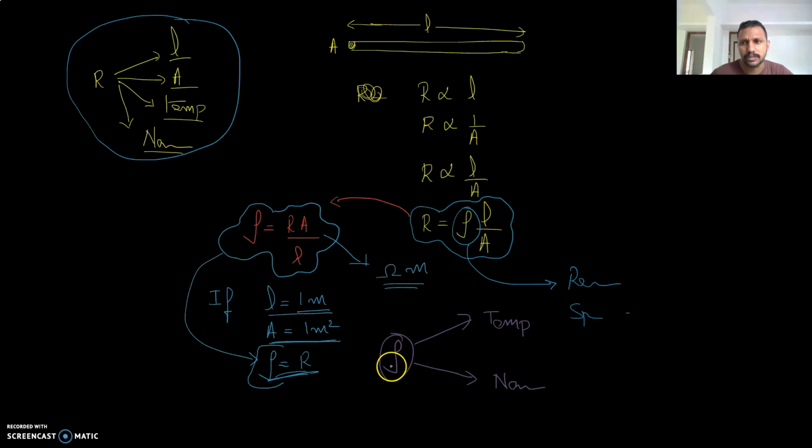Specific resistance or resistivity will depend on two factors, temperature and nature of material. It will not depend on the length of the conductor and the area of cross section of the conductor. That means if we have a lengthy copper wire and a thin copper wire, both will have the same resistivity, since resistivity will not depend upon length and area of cross section.